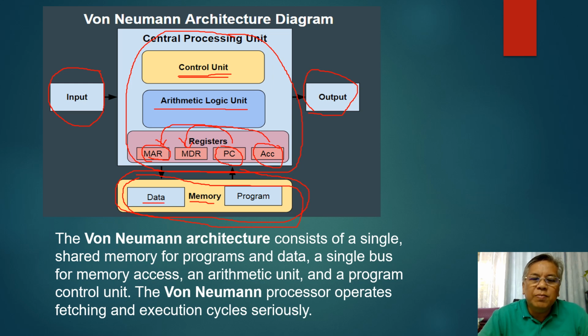If it is a program or instruction, then it will be stored into your program. Okay? Then, later on, after the data is stored into your memory, the control unit will provide instruction again to your accumulator, and the output data coming from your accumulator will be fetched by your control unit and transmitted towards your output device.